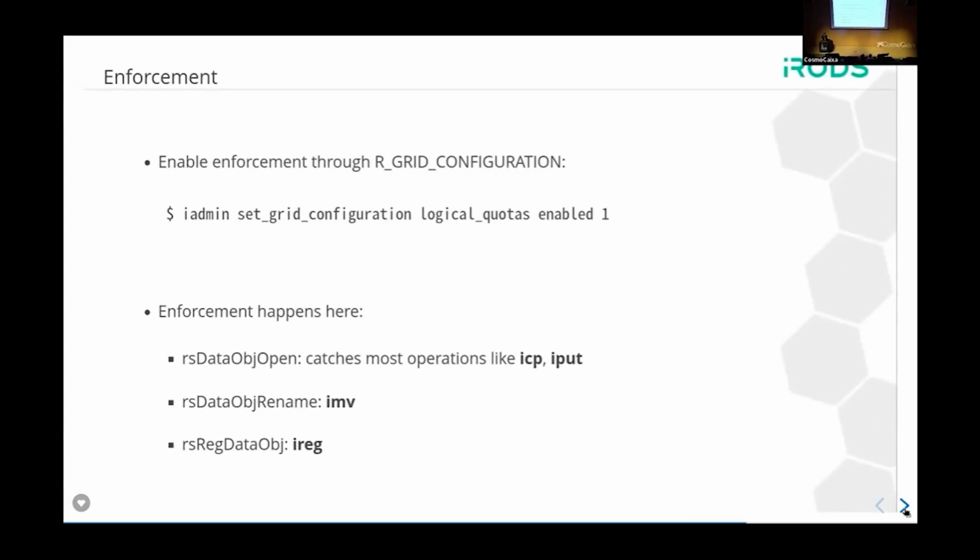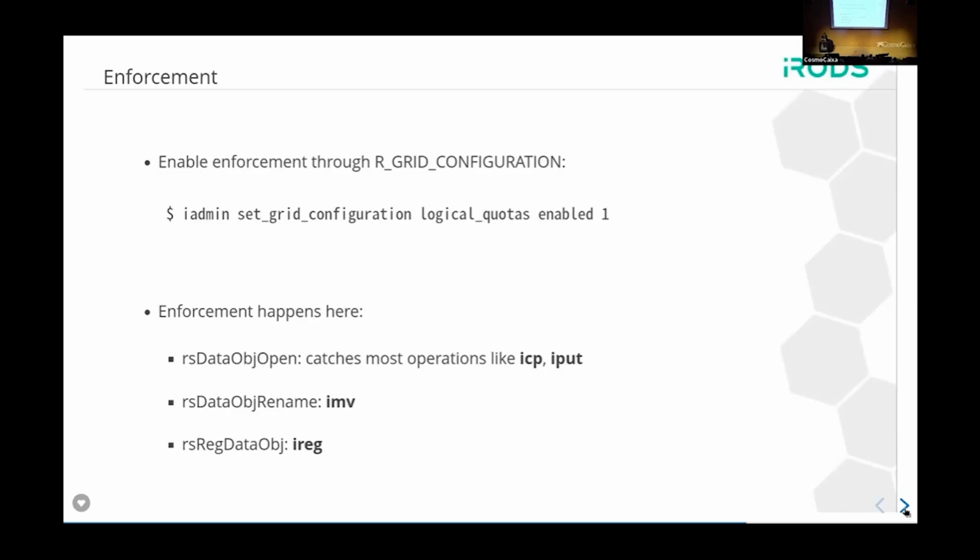So enforcement works by first you set an option in the grid. You type iadmin set grid configuration, logical quota is enabled 1, and all the enforcement starts happening. I put the enforcement points in these 3 API endpoints. So data object open catches most things like iCP, iPut, iTouch, so on and so forth.